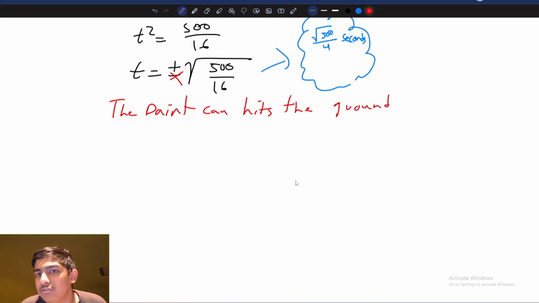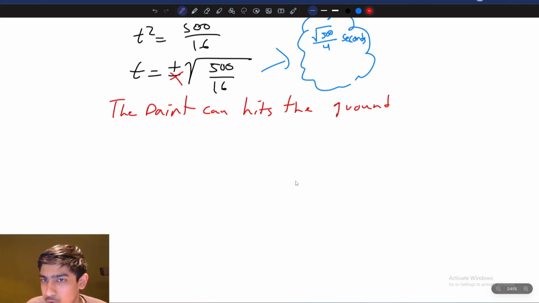And you should probably put this into a calculator and get some decimal answer, just so it better suits the application. But I don't have a calculator with me right now, so I'm just going to deal with what I have. If you are not given a calculator, just leave it as is, or simplify the radical.